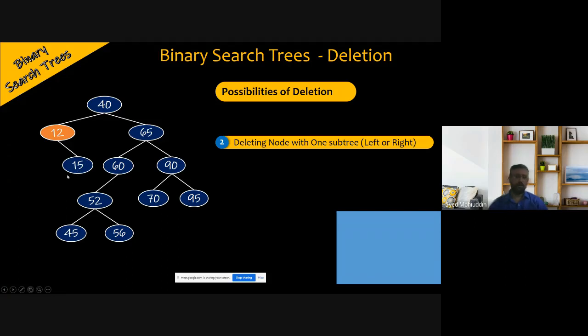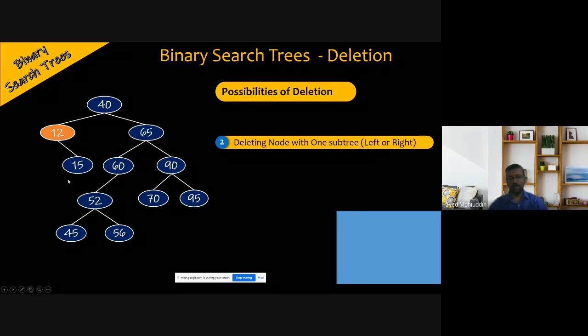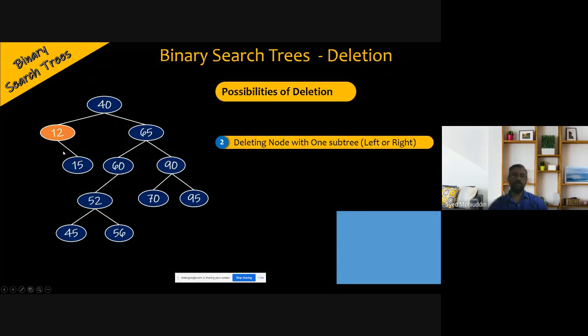Whether node 15 has other children doesn't matter. What we need to do is this: we are deleting node 12. Node 15 is the right subtree, and node 12 is the left subtree of node 40, its parent.